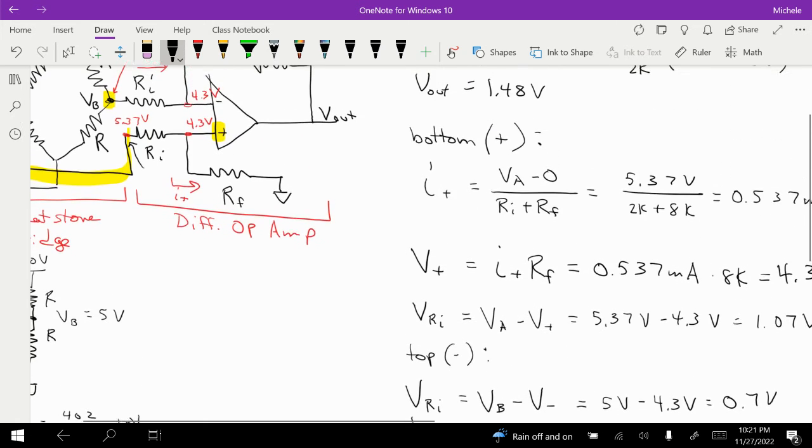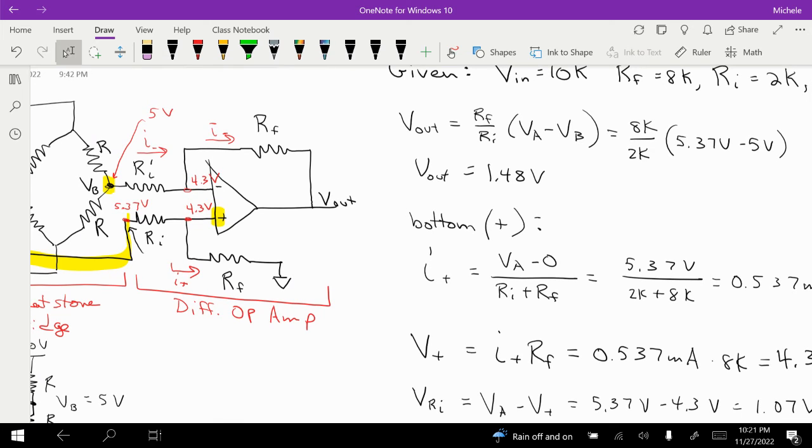And now that I have the current, I can calculate my voltage drop across RF to get V out. The way I'm going to do that is I'm going to say 4.3 volts here minus the voltage drop across RF, which is I times RF, and that'll give me V out. So let's go ahead and do that.